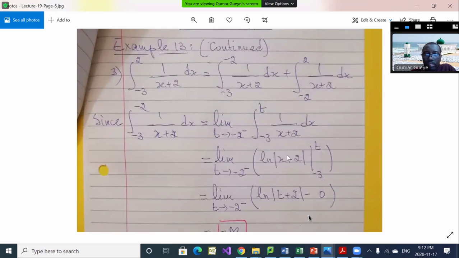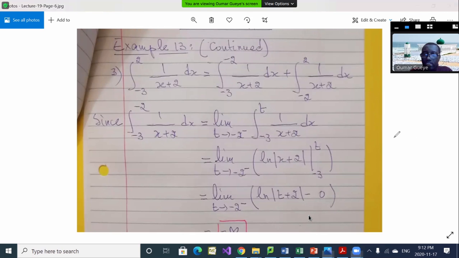Okay. So now at t, you substitute your x by t, it's going to be t plus 2. So at -3, when you replace your x by -3, it becomes ln of -1. Okay.